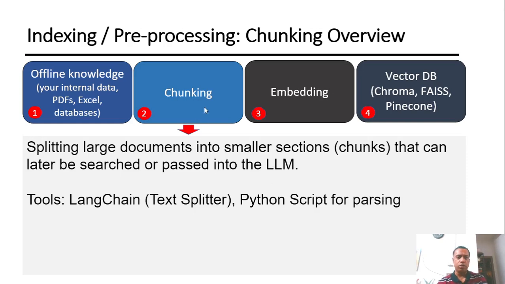One is because of downstream limitations. In the embedding phase, the model context limit is one of the constraints. For example, models like BERT can handle only 512 tokens and OpenAI embeddings can handle only 8,191 tokens. This is your text-embedding-ada-002.